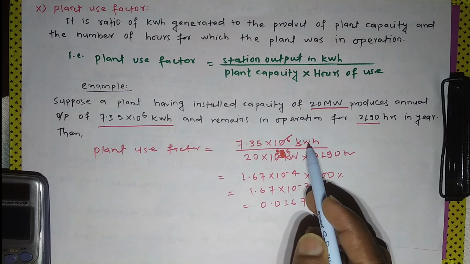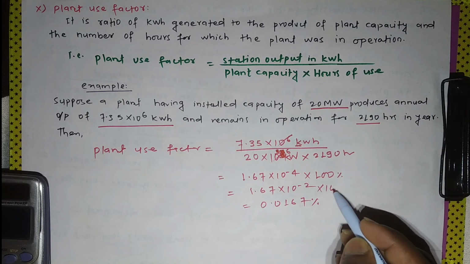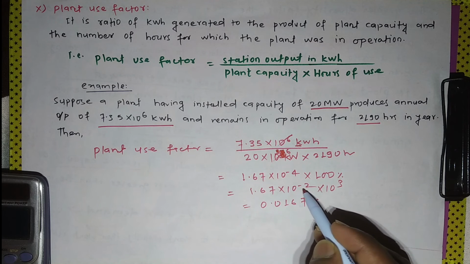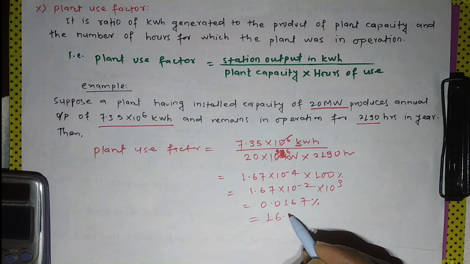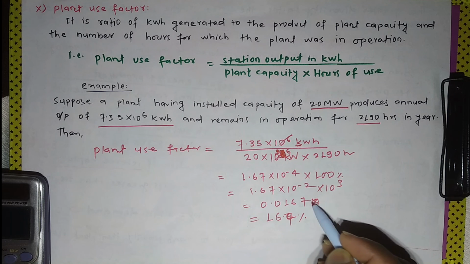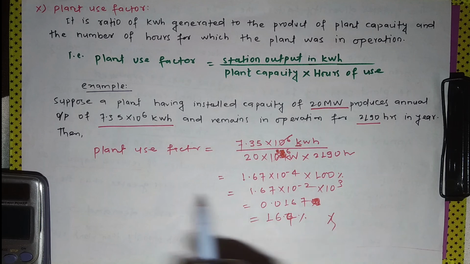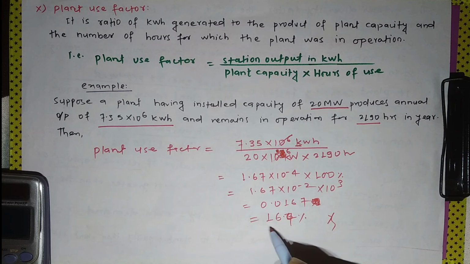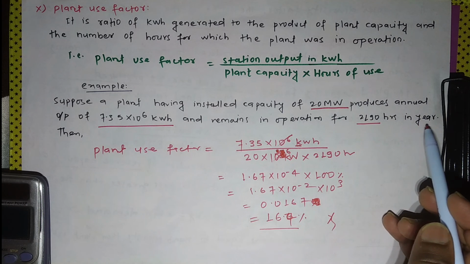Here kilowatt hour is given, so we also have to multiply with 10 to the power 3, and it will be 16.7%. And this is our plant use factor in 1 year.